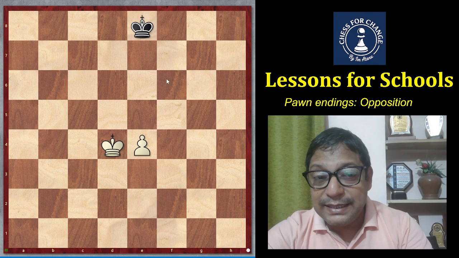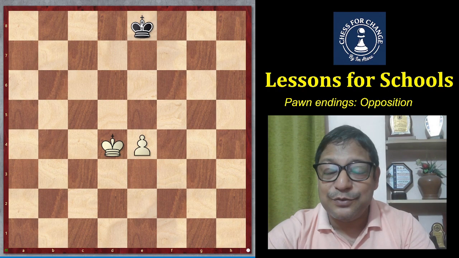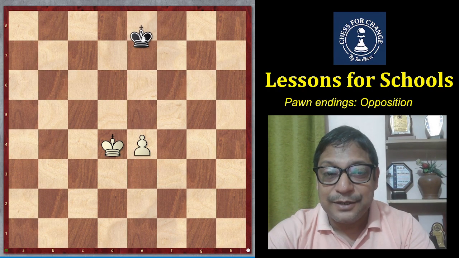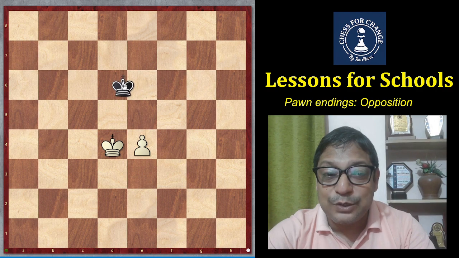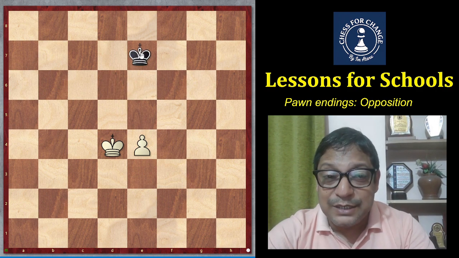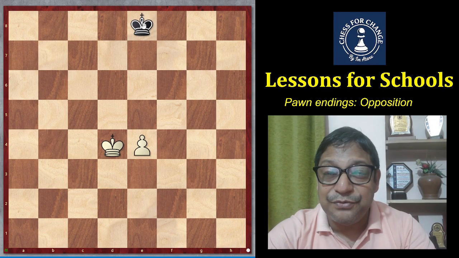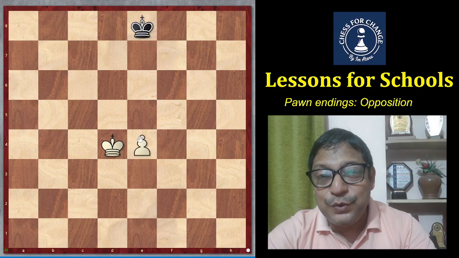And one thing to note is that when we learnt about the stalemate defense, we also learnt that the defender, that is black in this case, his king should stay as close to the pawn as possible. Okay, and as close to the white king and pawn as possible. But in this situation, the king is slightly far away from the pawn. So what should white do?